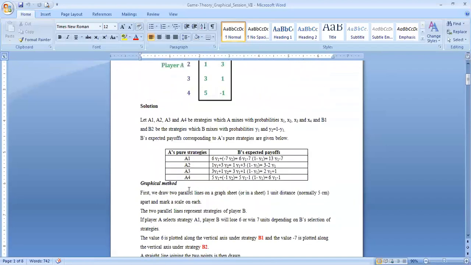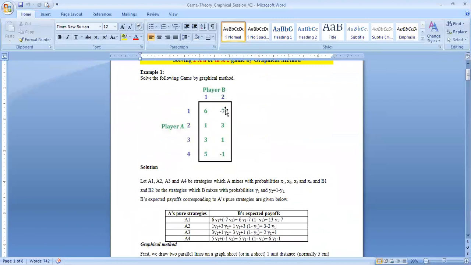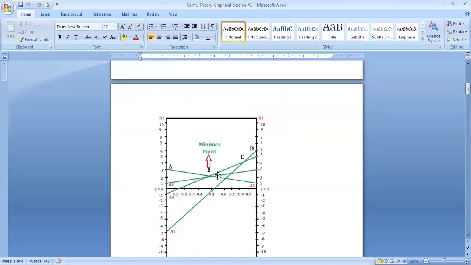Then please see that if there are any negative values, you take the center as 0. At the center you take 0, above that will be positive values and below that will be negative values. Here 1, 2, 3, 4, 5, 6 are positive values. Similarly below, -1, -2, -3.